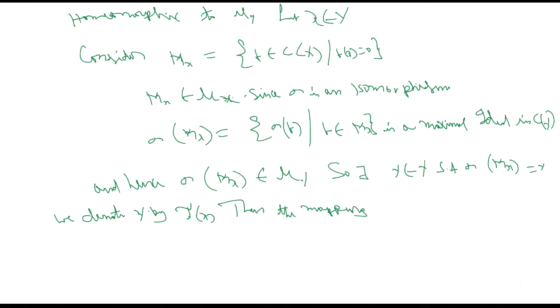Then the mapping tau from X to Y, defined by x to tau of x, is a homeomorphism.